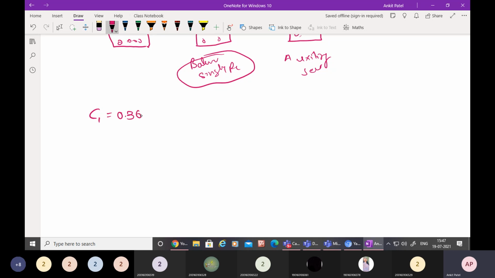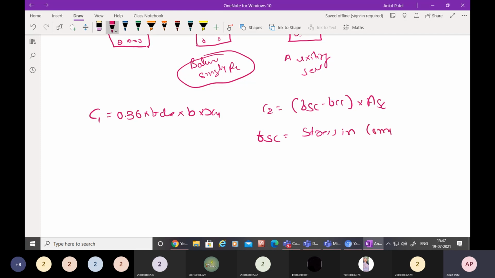C1 is nothing but 0.36 into fck into b into xu. Now C2 is equal to (fsc minus fcc) into Asc. Now you know all the terms of this, but in this you must know about fsc. What is the meaning of fsc? fsc is nothing but the stress in compression reinforcement, or you can say the stress in steel at the compression zone.